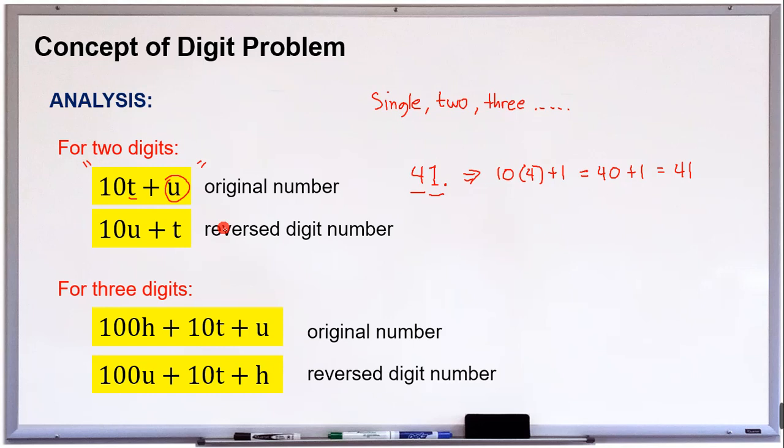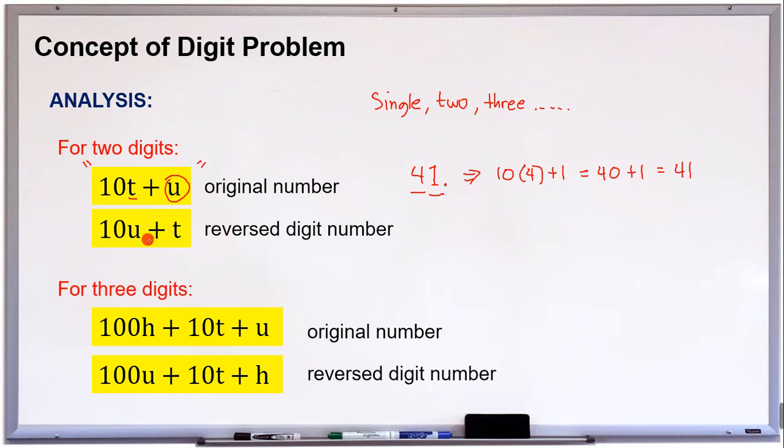Now in some digit problems, there are conditions stated in the problem. So we have here the reversed digit number. If the number is reversed, of course the order of the digits will also change.